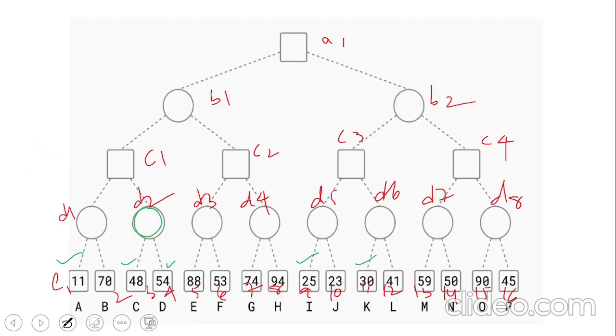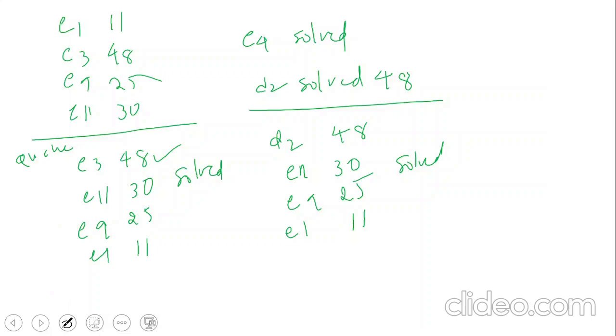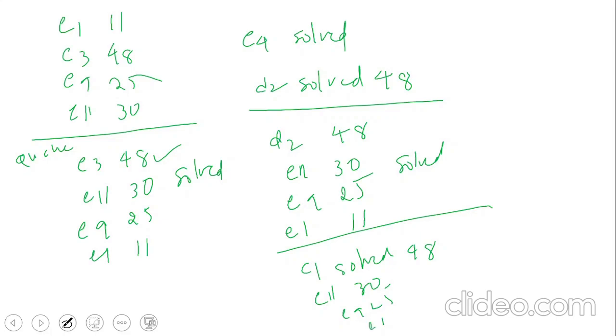When D2 is solved, C1 becomes solved because any one is enough. So C1 becomes solved with 48. Now the queue has E11 with 30, E9 with 25, and E1 with 11.